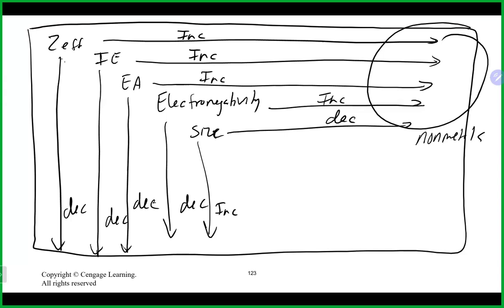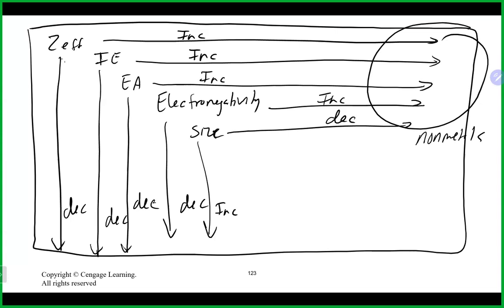They have high ionization energy, which means good luck trying to remove an electron. They have high electron affinity, which means they want to gain electrons and are pretty good at gaining them. And they have high electronegativity, which means they want to keep their electrons and they also want your electrons. That's basically all the properties that nonmetals have.